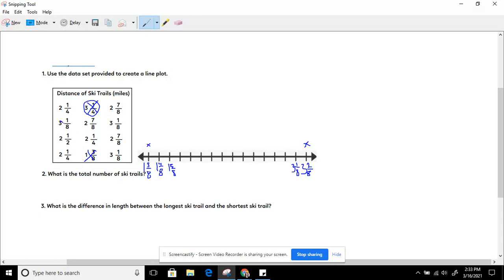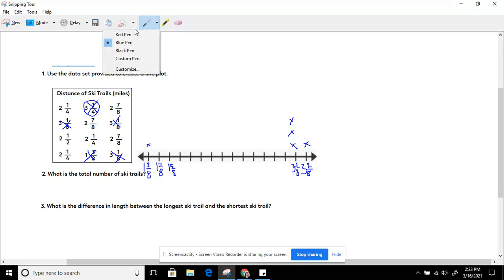And let's see here, there's 1, 2, 3. So I'm getting some of the data for you filled in. Okay, so you're going to go through and complete the rest of this line plot by inputting the data. And then you're going to answer the questions 2 through 5.